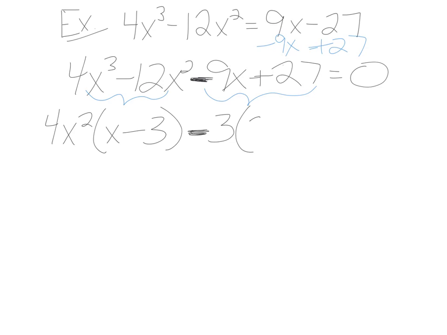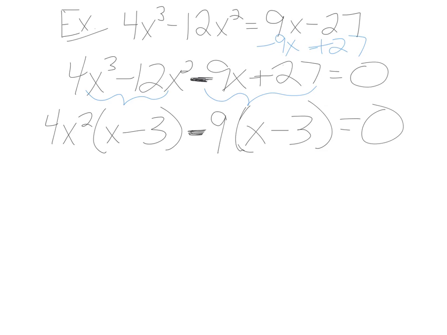Hang on. It shouldn't be 3 we're dividing by, it should be 9. There we go. So we're dividing by a negative 9. Negative 9x divided by negative 9 would just leave an x. Positive 27 divided by negative 9 is minus 3.